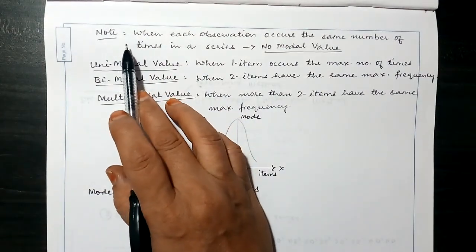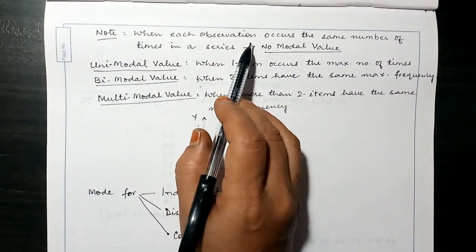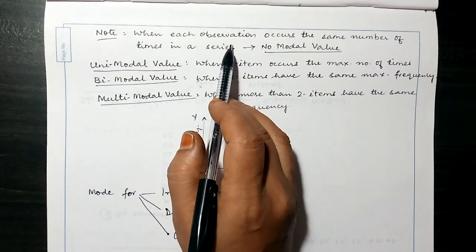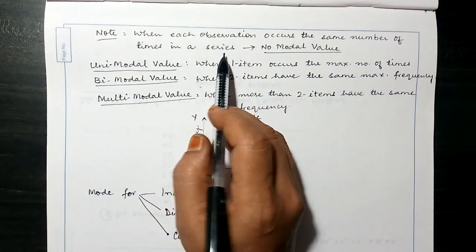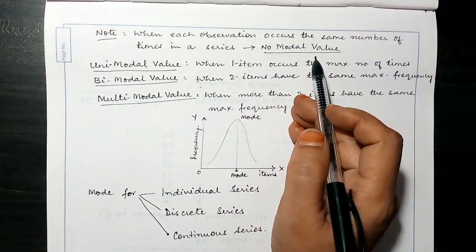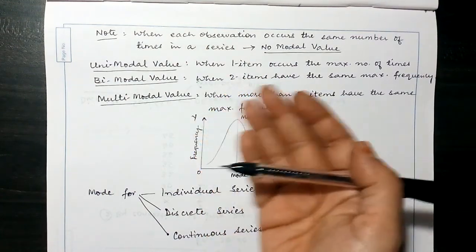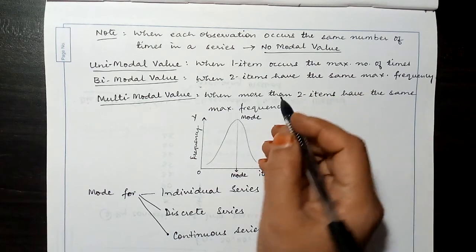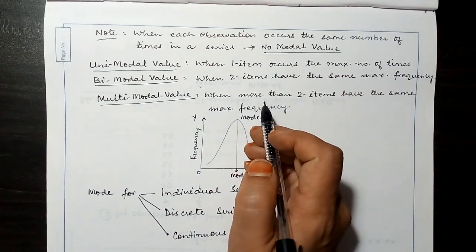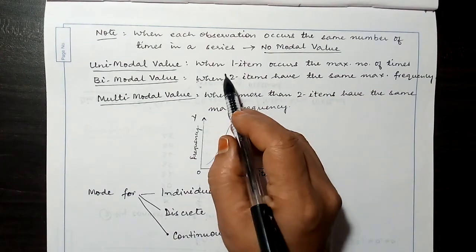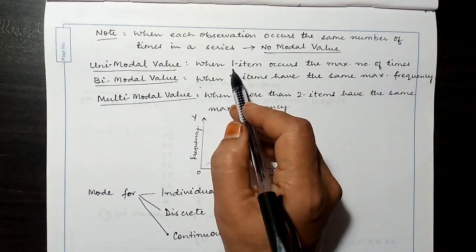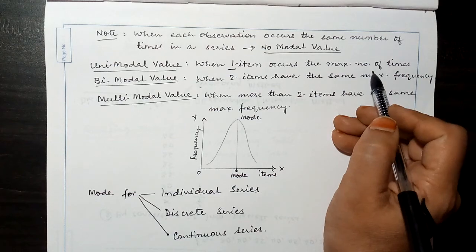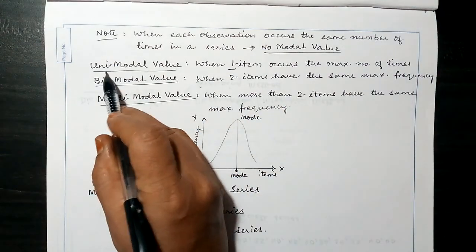But one thing we need to note is that when every observation occurs the same number of times in a series, then it is called a no modal value. If each observation is occurring the same number of times, how do you call it a mode? We don't have any mode in that series. When one item occurs the maximum number of times, then we have a unimodal value.